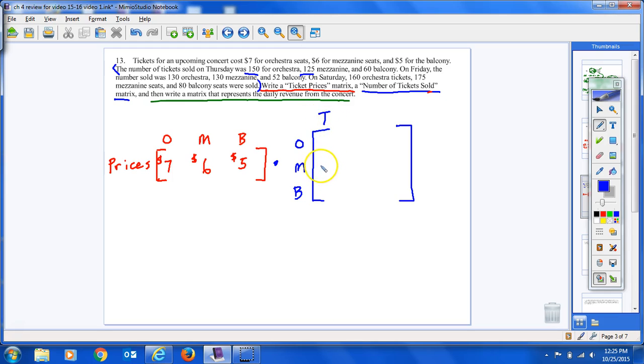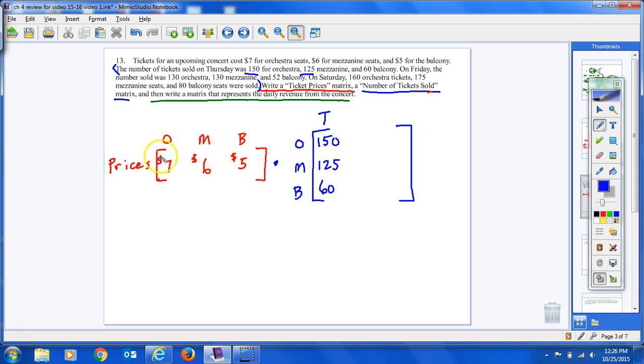Okay, so let's just take a look at that before we go any further. The number of tickets sold on Thursday was 150 for orchestra, 125 for mezzanine, and 60 for balcony. But when I do my row times column multiplication, before we go any further, maybe I should just check this out and make sure that it's right.